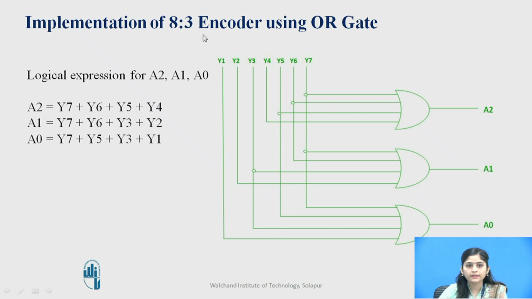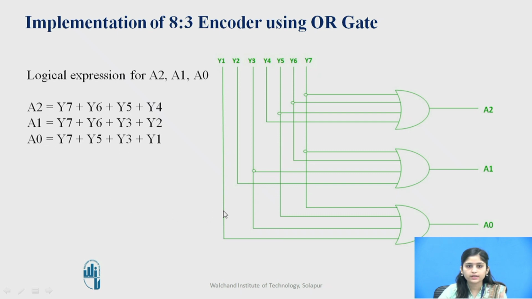Now we have to implement 8:3 encoder using OR gate by using this output expression or logical expression for A2, A1 and A0. We know that the logical expression for A2 is Y4 plus Y5 plus Y6 plus Y7, and logical expression for A1 is Y2 plus Y3 plus Y6 plus Y7, and logical expression for A0 is Y1 plus Y3 plus Y5 plus Y7.